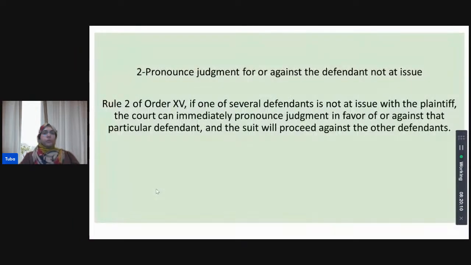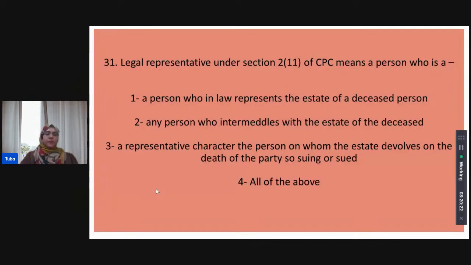It is 2, pronouncing the judgment for or against the defendant who is not at issue. Rule 2 of Order 15 provides for this. It terminates the situation with the defendant who is not at issue and then proceeds with the rest of the case with the defendants at issue with the plaintiff.